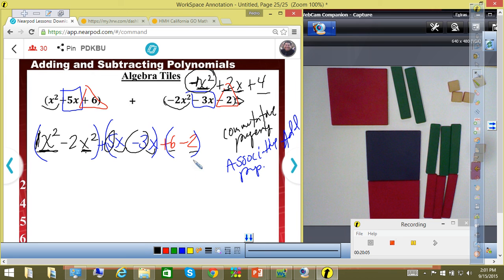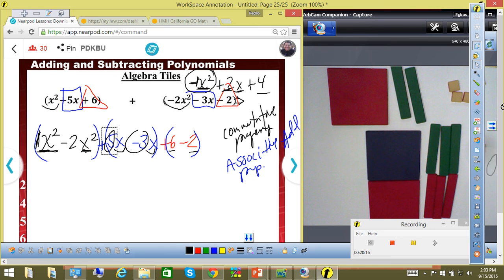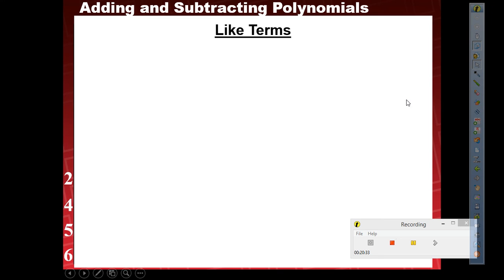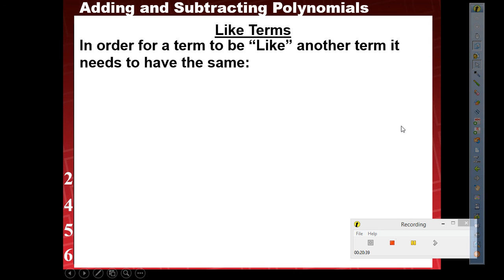Copy that, please. And move this out of the way. So, look up, please. Really quick. So, like terms means that they need to be the same kind. Did I show you that with pets?